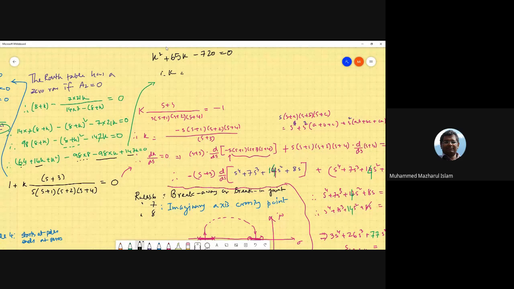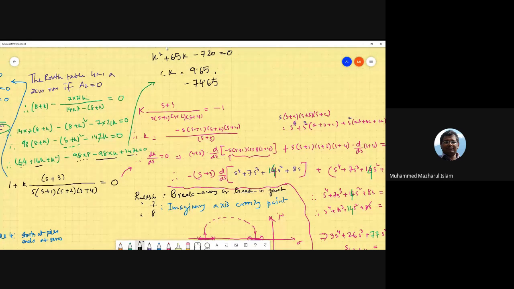Did you find out the solution for k? If you find that the k value is positive. একটা আসে 9.65, okay, আরেকটা আসে মাইনাস 74.65. Okay, so you have one positive solution.